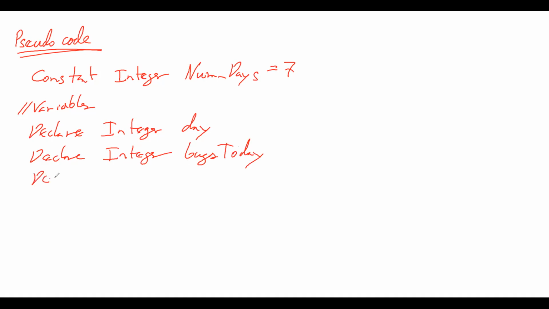Then I'm going to declare integer total bugs. And that total bugs, we're going to initialize to 0. There's no half bugs that we're going to collect, although I would imagine there are half bugs.